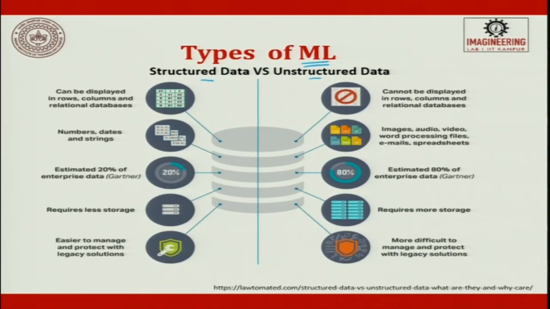Suppose you do a machining operation and there is roughness data, you take a photo of it and that data is stored, that is unstructured data, that cannot be represented in an Excel file. Then an estimated 80% of the enterprise data falls in this unstructured data. So, it requires huge storage space and it is more difficult to manage and protect legally also.